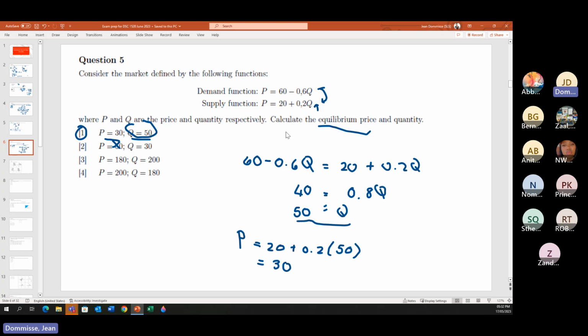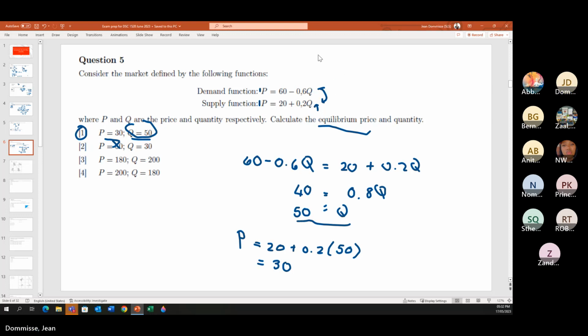The reason again why I make it that P, I say this equal to that one, is because the P's were the same. If in my formula the Q's are similar, I would rather use Q. So again, use what will be the simplest or easiest way to get to your answer.